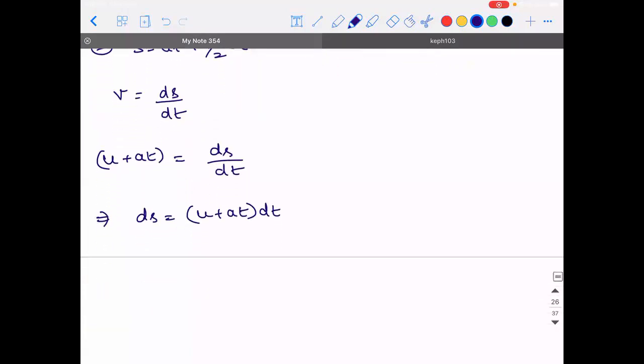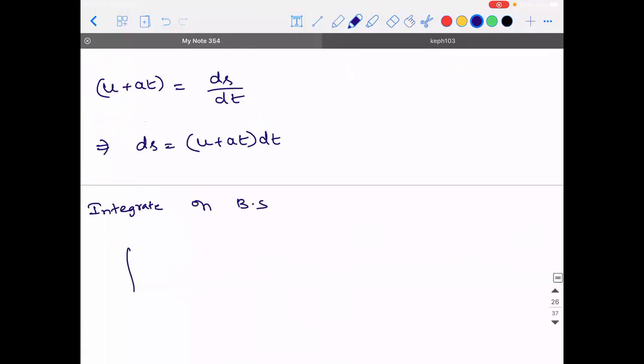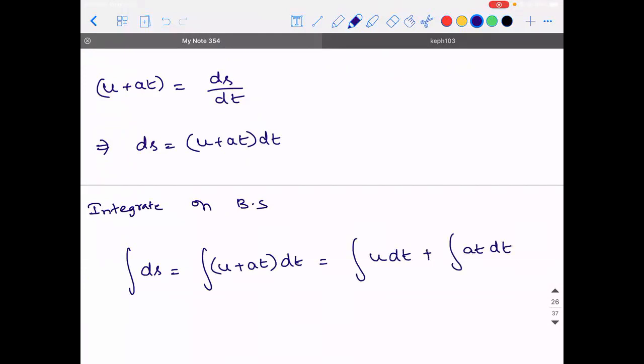Now what will be the next step? Integrate on both sides. So the integral of ds will be equal to the integral of u plus at into dt, or it will be the integral of u dt plus the integral of at dt, right?